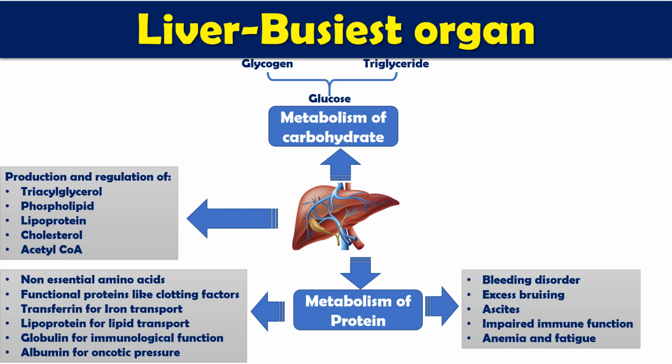In terms of vitamin D synthesis, 25-hydroxylation happens in the liver. All these functions are related to lipid metabolic processes which happen in the liver. So these are the different metabolic functions.